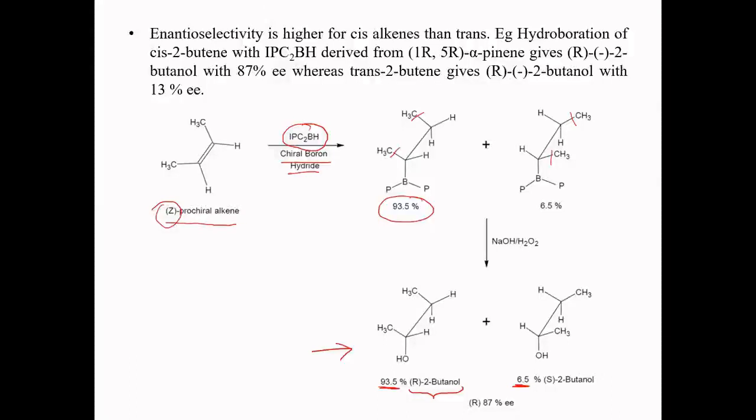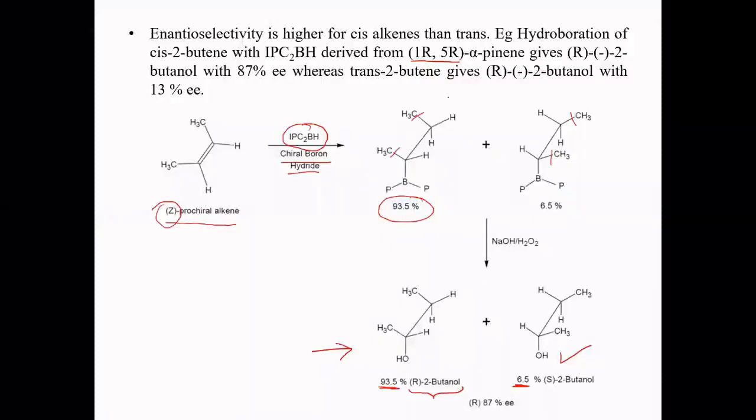This reaction is controlled by the reagent, right? So if you need to change the configuration of your product, change the chirality of your reagent. So for making this IPC twice BH, we started with 1R 5R alpha pinene. So if I take, instead of 1R 5R alpha pinene, 1S 5S alpha pinene, then I will end up with S butanol as the major product.